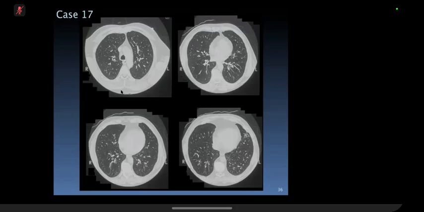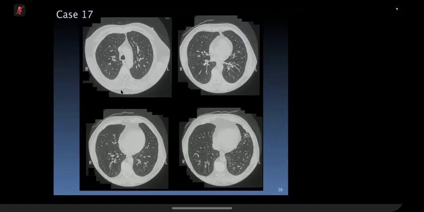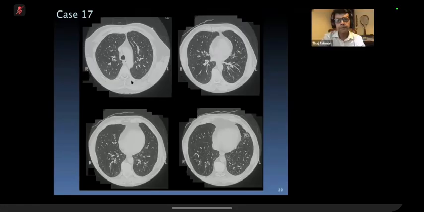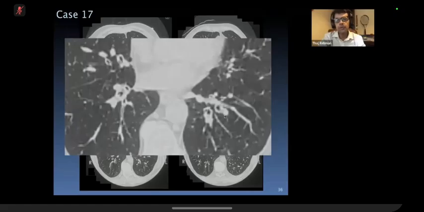These are axial CT slices, lung windows, of an adult patient's chest. Looking through them sequentially, I think the airways are slightly thickened and dilated. Very good. With the diagnosis? I think this is bronchiectasis. Very good. So can you all see the signet ring sign?